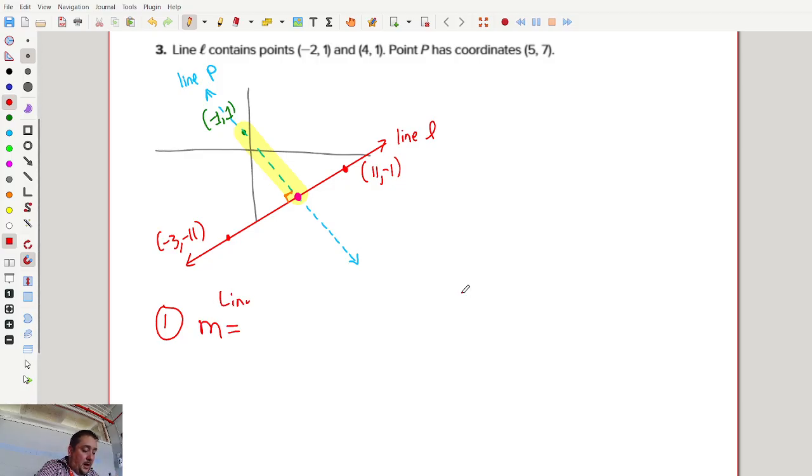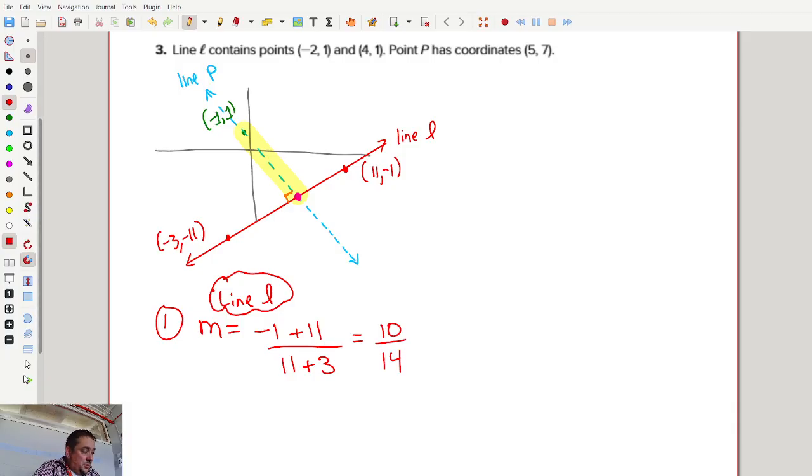This is all for line L. Focusing on the 2 points that were given, y2 minus y1, negative 1 minus negative 11. I'm just going to call that plus 11 because subtracting a negative. At this point in the class, we've seen enough of this. And then 11 minus negative 3 becomes plus 3. Ultimately, I have 10 over 14, which simplifies to 5/7. That's the slope of line L.